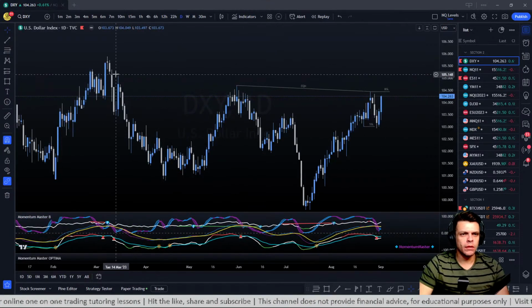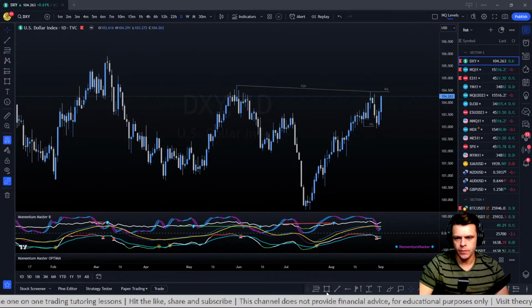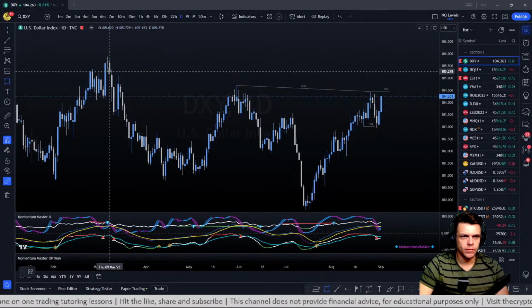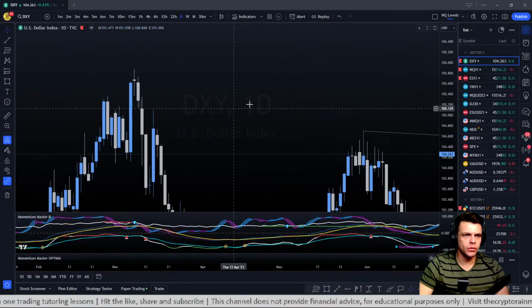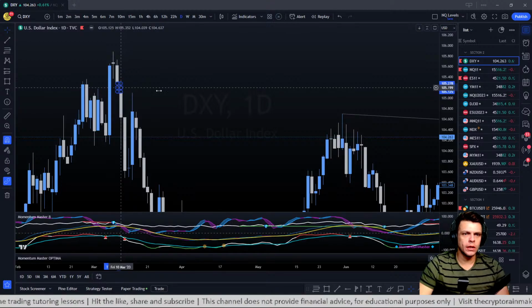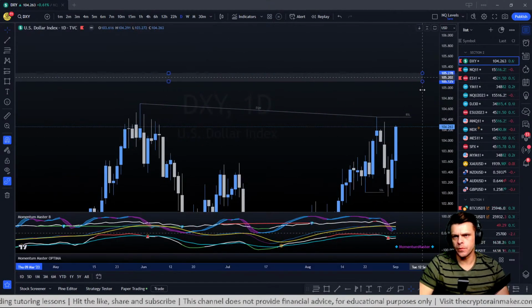If we also have a closer look right there, there's a little volume imbalance. So we know that the algorithm likes to move towards the liquidity and imbalances. I'm just going to mark this off.